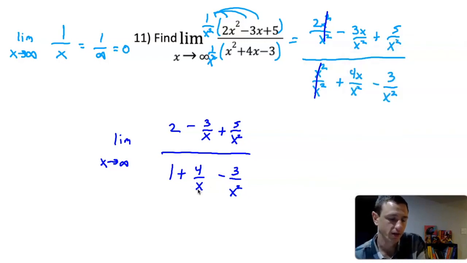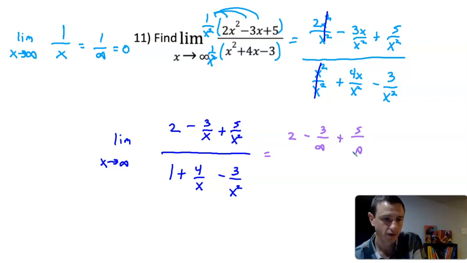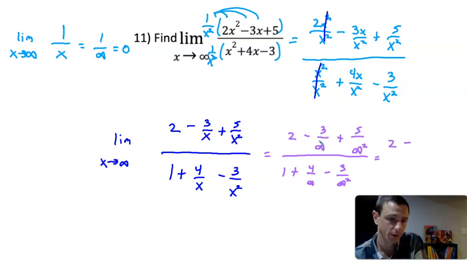Now let's evaluate the limit as x goes towards infinity. So you're going to want to plug in infinity everywhere you see an x. 2 minus 3 over infinity plus 5 over infinity squared, over 1 plus 4 over infinity minus 3 over infinity squared. 2 is just going to be 2 minus 3 over a really, really big number.